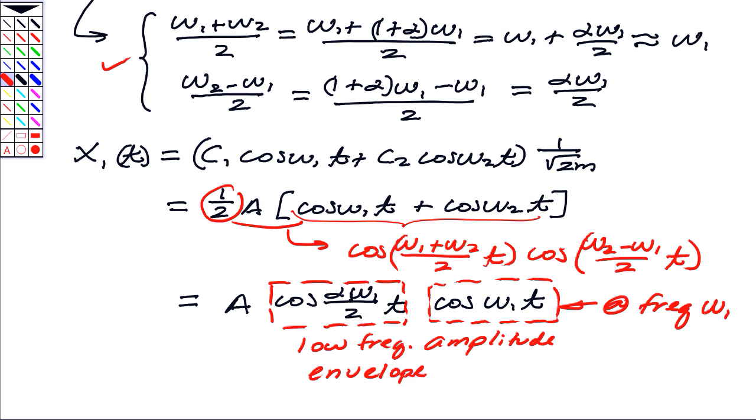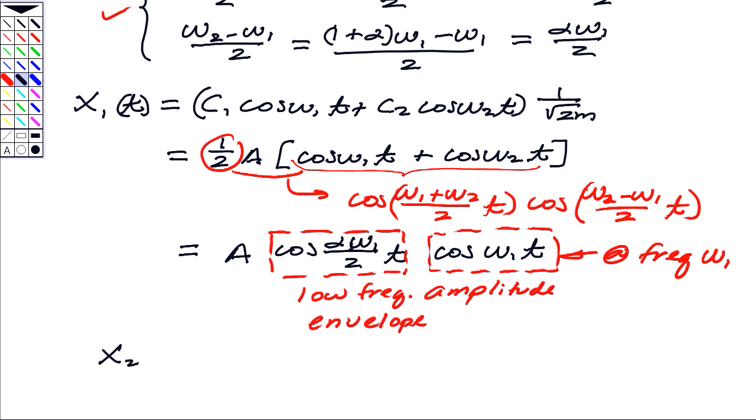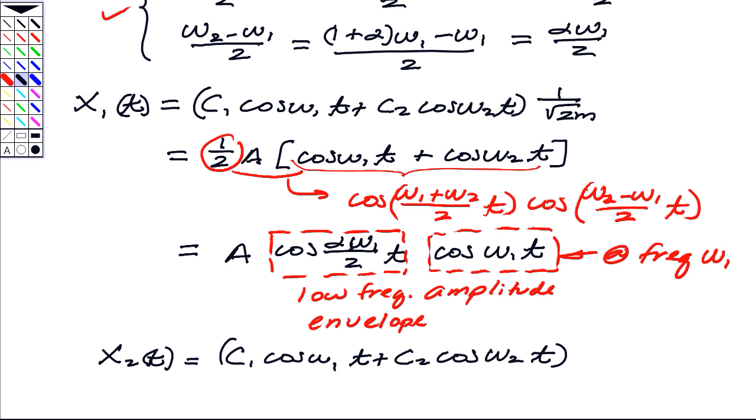If I do the same thing for x2 at t, using my response coefficients found above, that's C1 cosine omega 1t plus C2 cosine omega 2t. That's not a plus, but that's a minus, just because of the way the mode shapes turned out. So that's a minus sign.